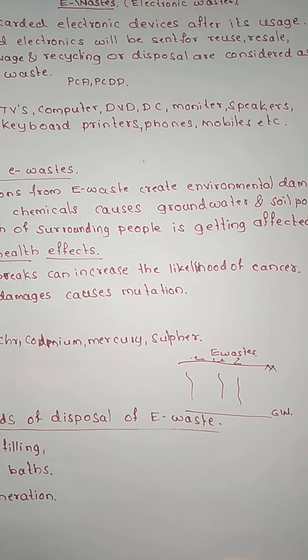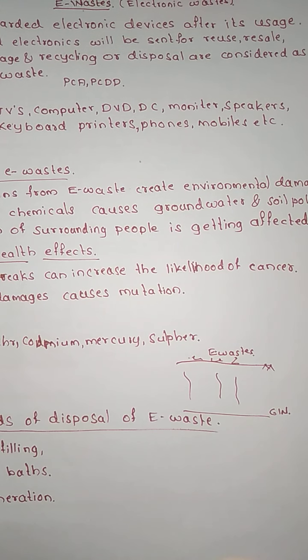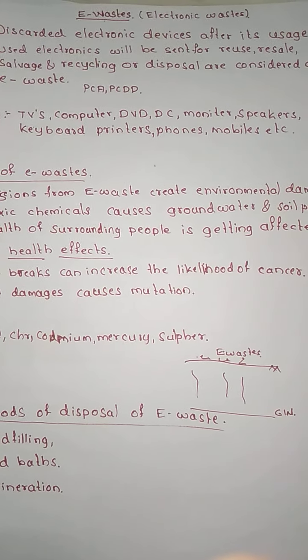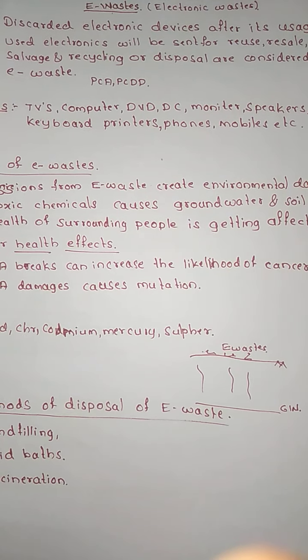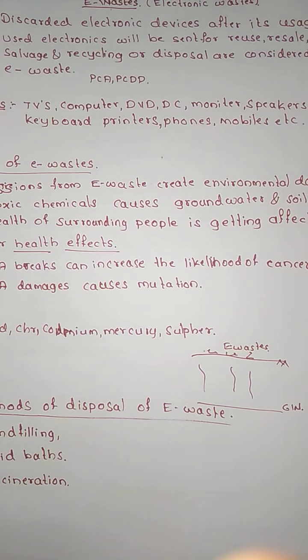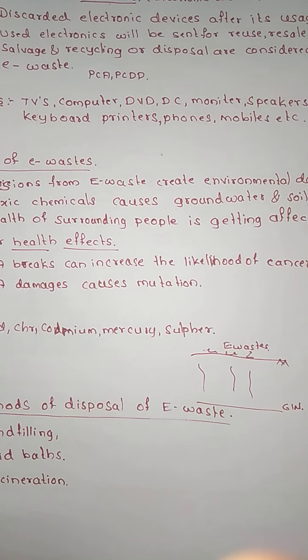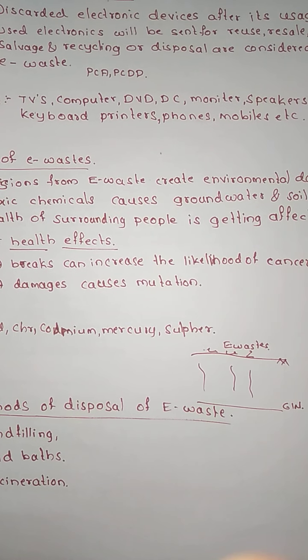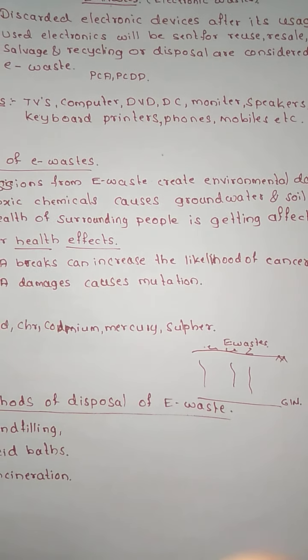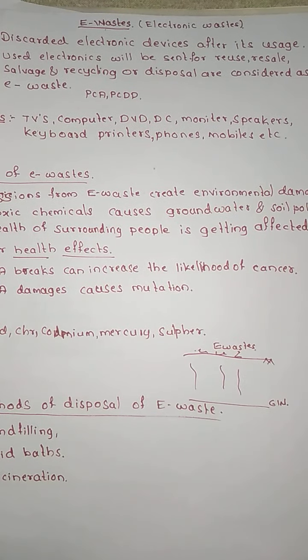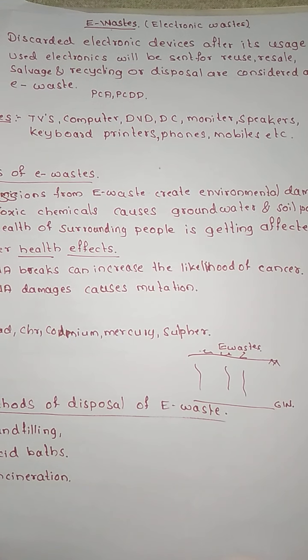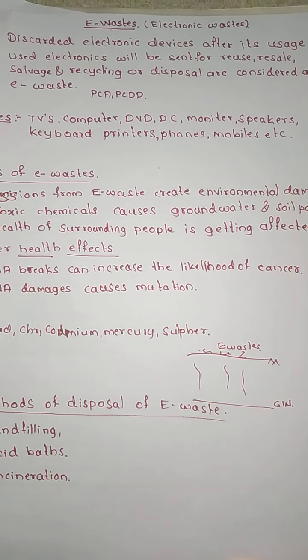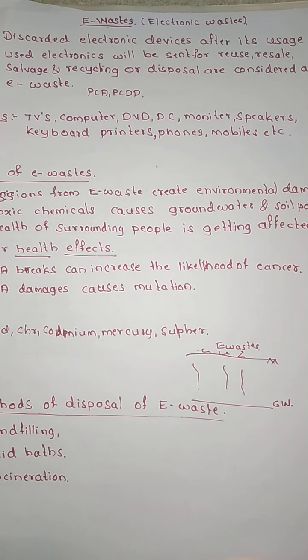So it creates a lot of problems. As the population increases, we generate a huge amount of electronic material, which after use is converted into waste, and we face a huge problem in its disposal.